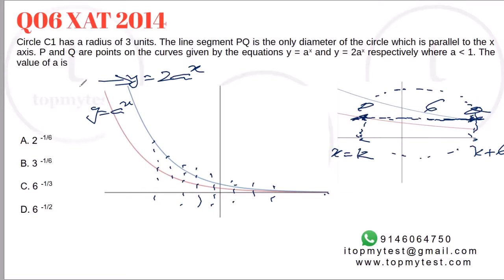Right, so let's substitute these values here. So y equals a^k, which is the same as 2a^(k+6). Let's try to resolve this relationship.